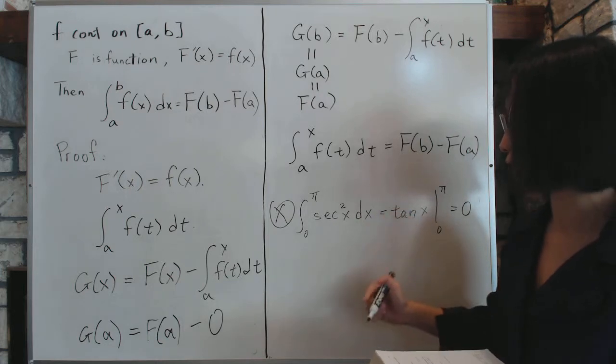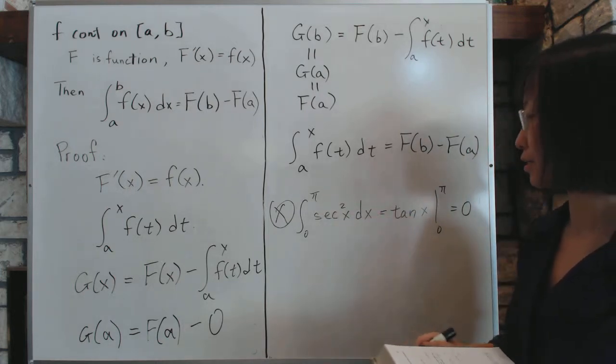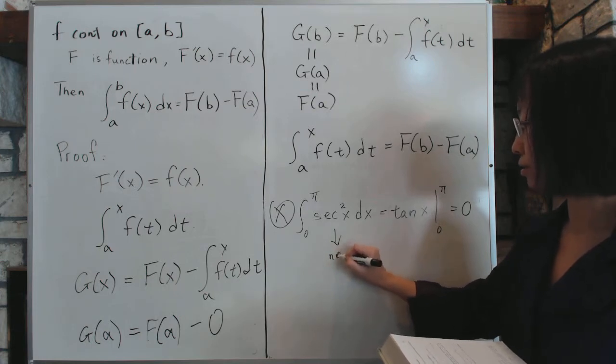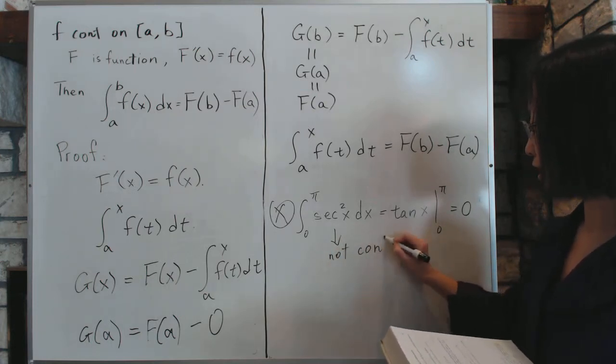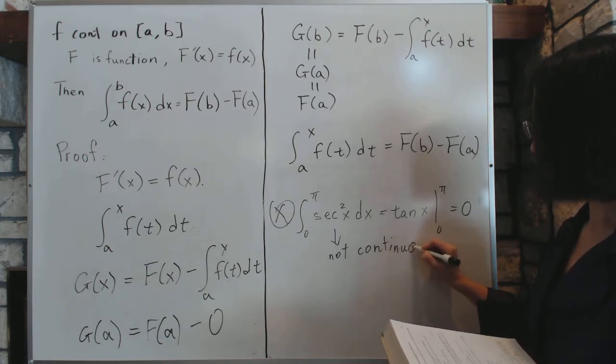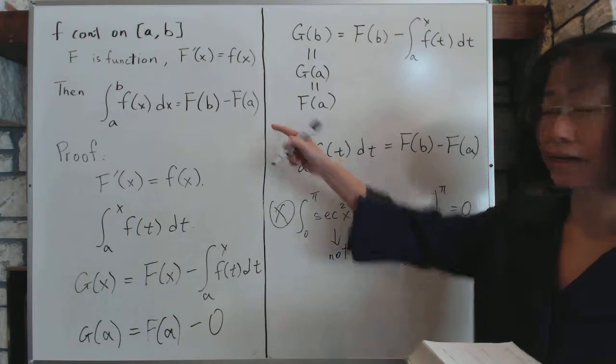The area under the curve cannot be 0. But this happens because this function is not continuous. So whenever you have discontinuous curves, this formula might not work.